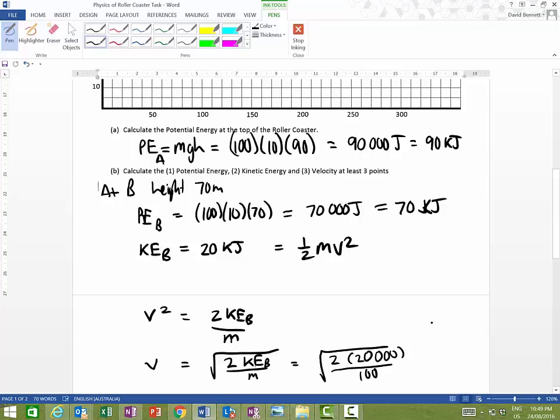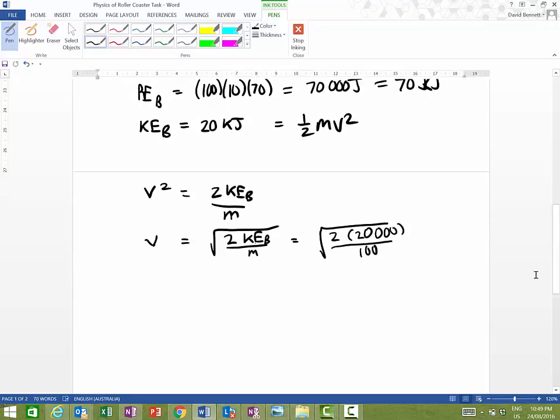So cross 2 zeros off, so it's going to be the square root of 400, and that would work out to be 20. So that would be 20 meters per second, the velocity of the roller coaster at that particular place.